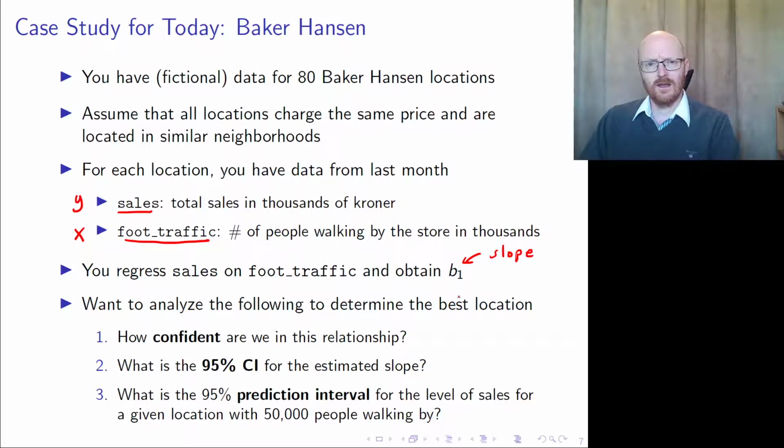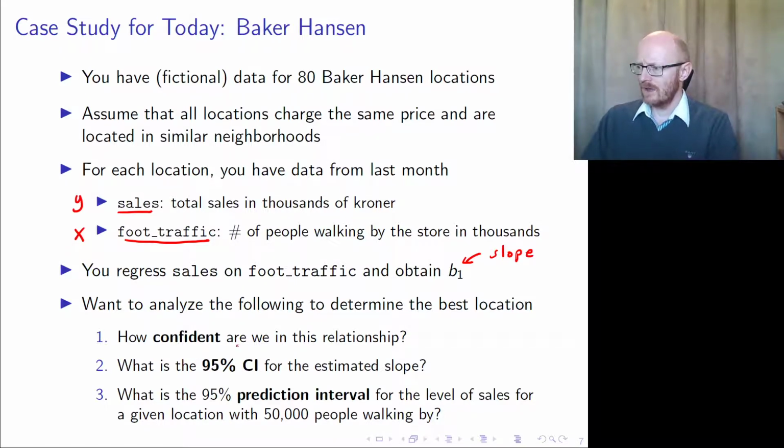And you saw that in the last lecture. You found the slope of the regression, but now we're kicking it up a notch, right? So now we can look into how confident we are in that estimate.